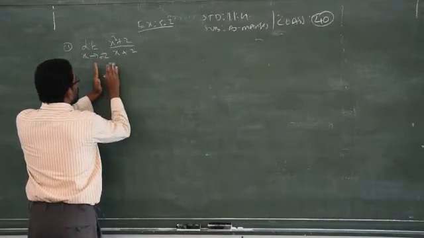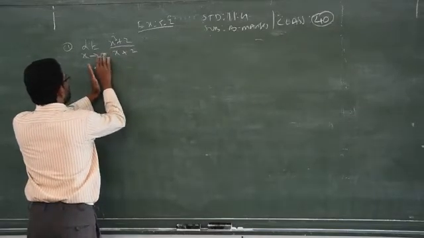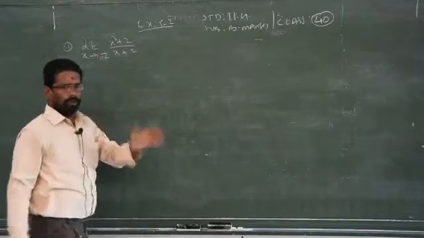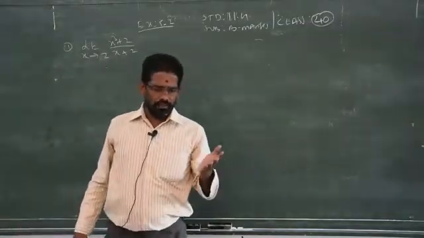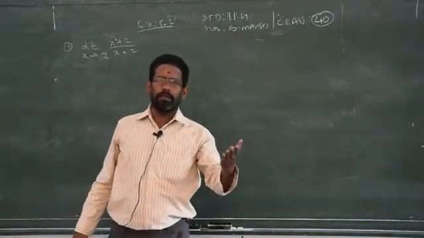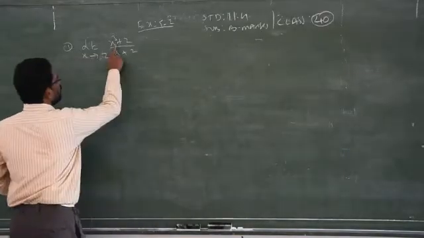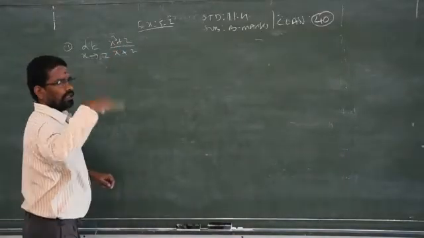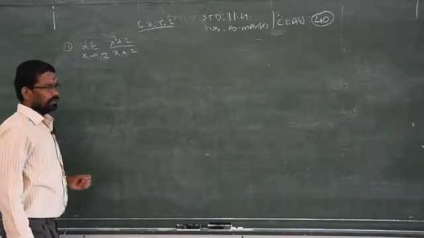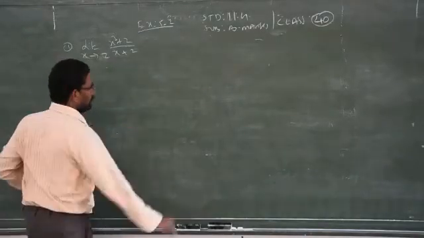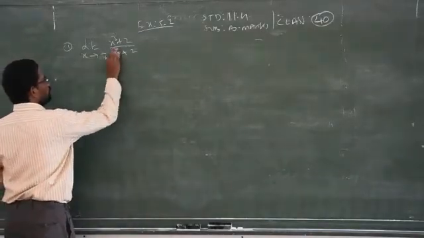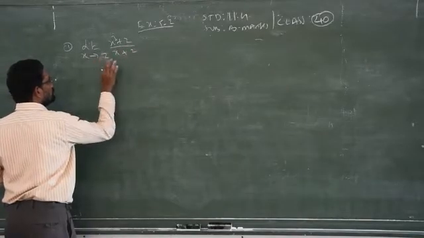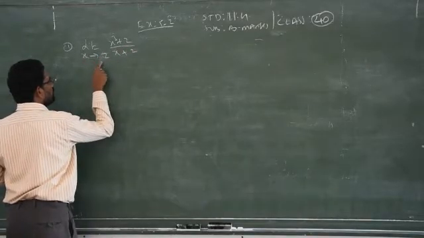Sometimes if you replace straight away and get 0, what will you do? You have to apply the factorization method, which includes the algebraic identities. You can apply the a cube plus b cube formula and try to eliminate terms in the numerator and denominator, then you will get the answer. So don't make the denominator 0, especially when x goes to some other number.